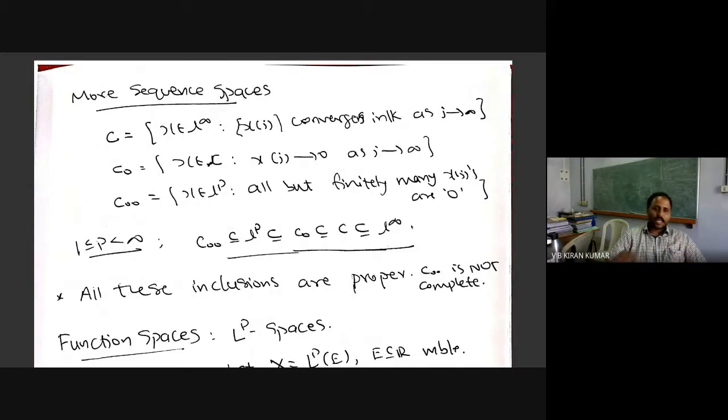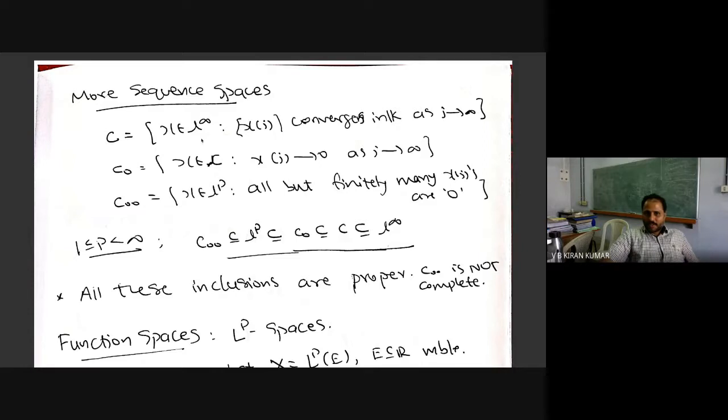Now let us see more examples, more sequence spaces. The first one is C. C is the sequence space of all convergent sequences. Of course, they are already bounded, since all convergent sequences are bounded.